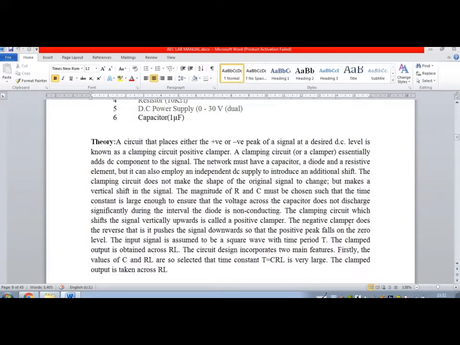And if the waveform is shifted below the reference line in the negative region, then the circuit is called negative clamper circuit. Basically, the clamping circuit adds DC component to the signal.